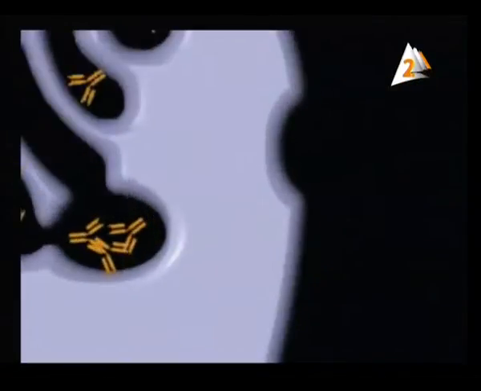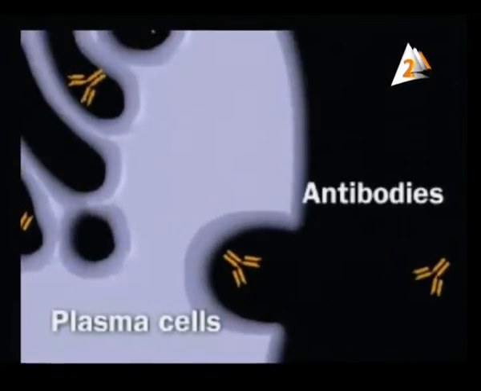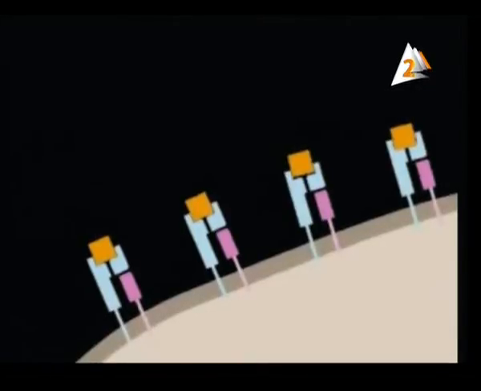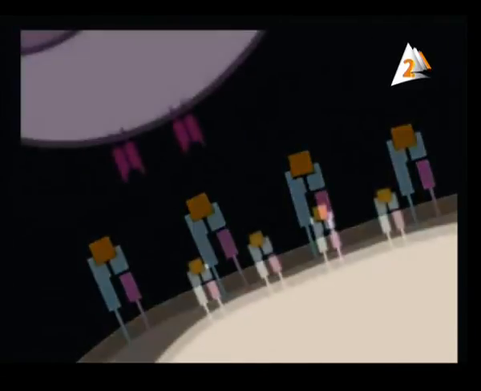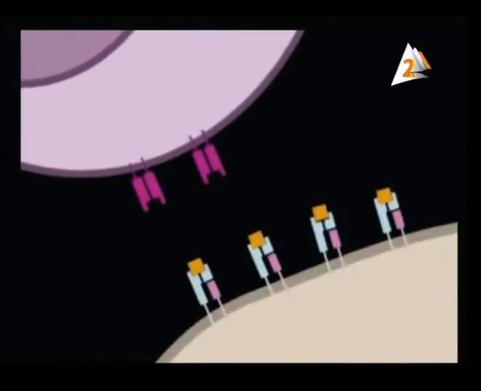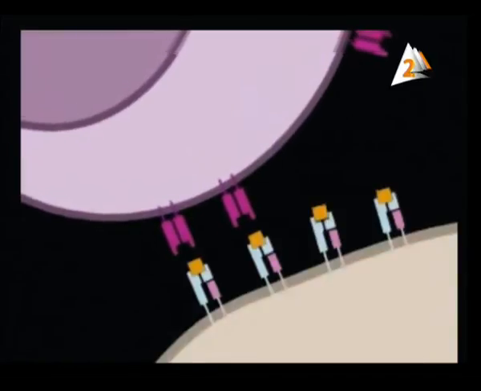Helper lymphocyte activation, or TH activation: this TH will recognize the antigen by the MHC protein present on the surface of the macrophage and bind to the antigen MHC2 complex. The TH binds by CD4 present on its surface to the antigen and MHC2 to be converted into active TH.